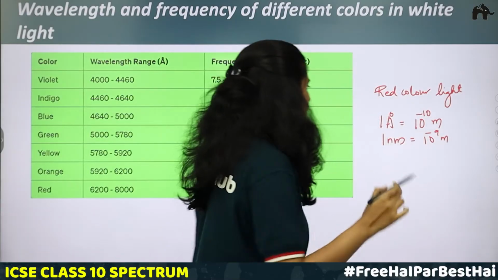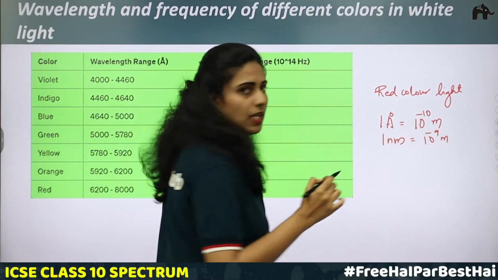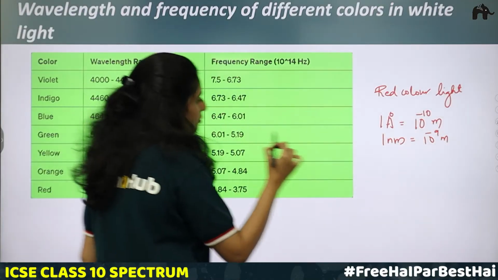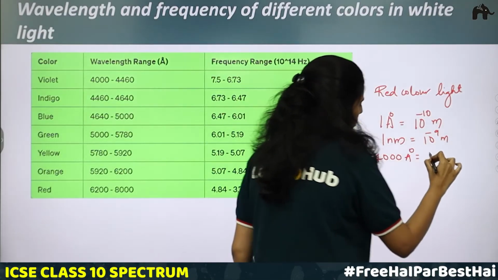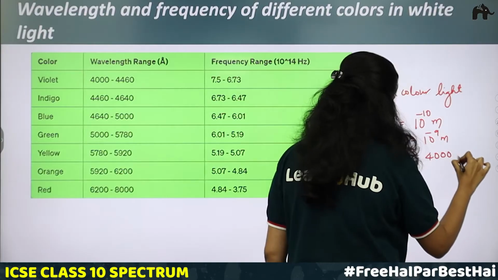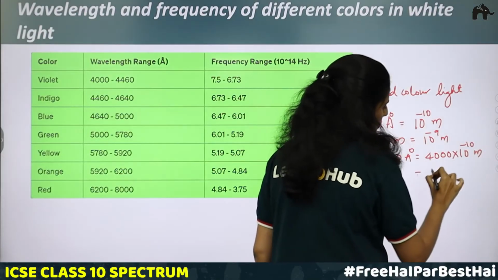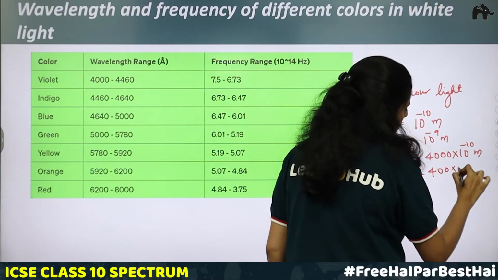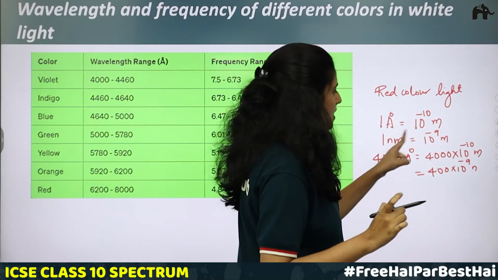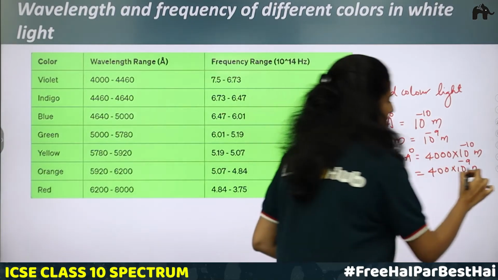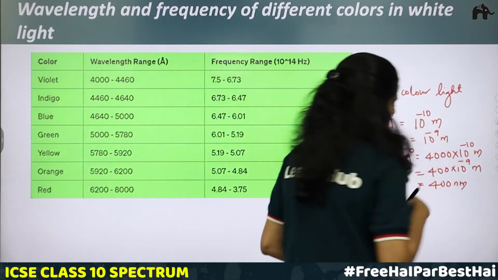As we have said, 1 angstrom is 10 raised to minus 10 meters. 4000 angstrom will be equal to 4000 into 10 raised to minus 10 meters, or this can be written as 400 into 10 raised to minus 9 meters. 1 nanometer is 10 raised to minus 9 meters, so that is 400 nanometer.